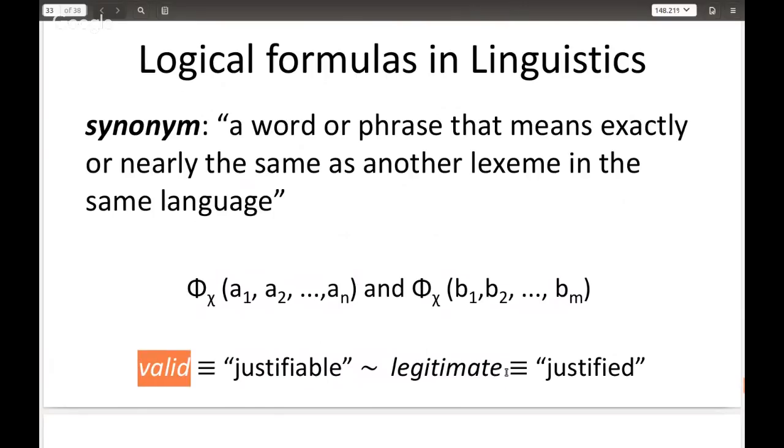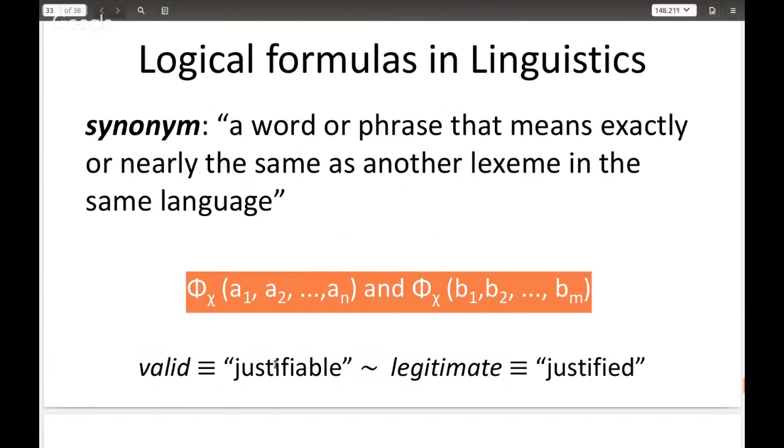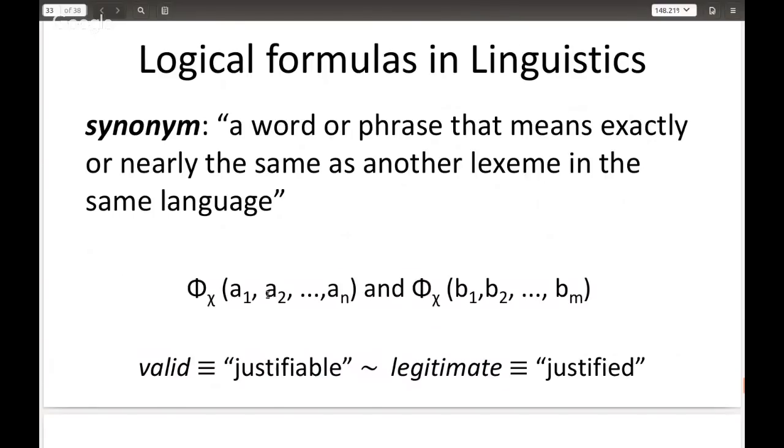Valid and legitimate are synonyms. They have the exact or near the same meanings in the same language. So this is how we would represent that mathematically, to talk about two words being synonyms. And then from here, we would translate this into code in terms of a variable.